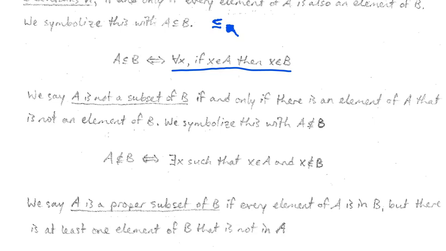Very shortly, we'll get a more visual representation of this, and we'll see a way to help us make more sense of that. But we do have a related symbol for writing that something is a proper subset of something else.